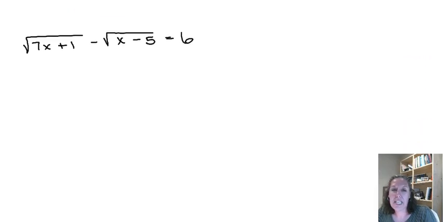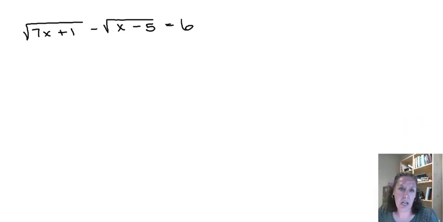All right, this last example is a little intimidating at first, but we're going to just approach it in the exact same way. Here we have the square root of 7x plus 1 minus the square root of x minus 5 equals 6. So here we have two square roots. We want to isolate one of them. It doesn't matter which one you isolate first.